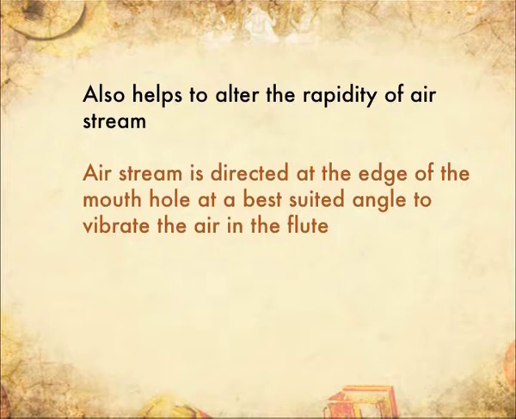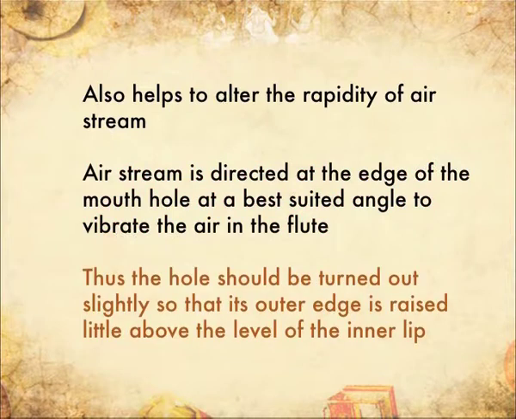This air stream should be directed at the outer edge of the mouth hole at an angle best suited to set to vibration the air in the flute. In order to achieve this, the lip should be turned out slightly so that its outer edge is raised a little above the level of the inner lip.